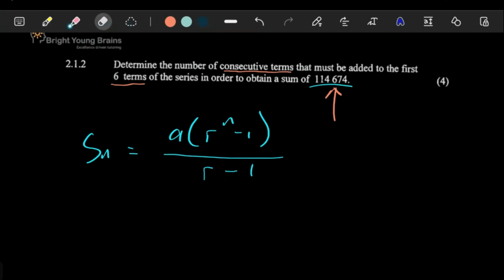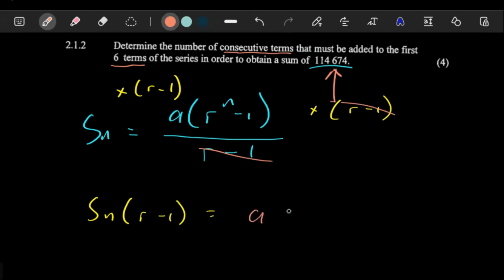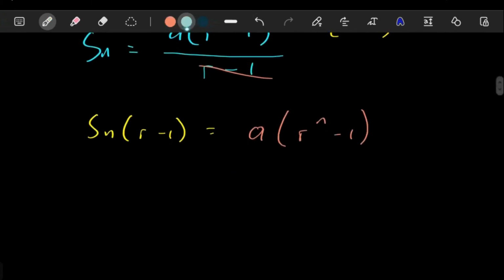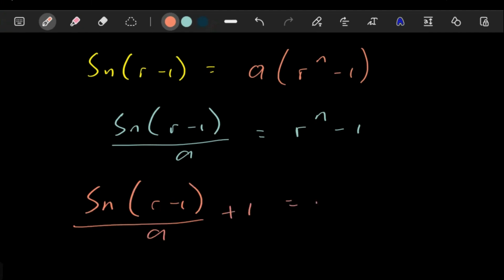Let me isolate n. We can multiply both sides by the denominator, and then we have Sn(r minus 1). These cancel out, then you have a(r^n minus 1). Then we can divide both sides by a: Sn(r minus 1) over a. Then we take the negative 1 to the other side: Sn(r minus 1) over a, plus 1.